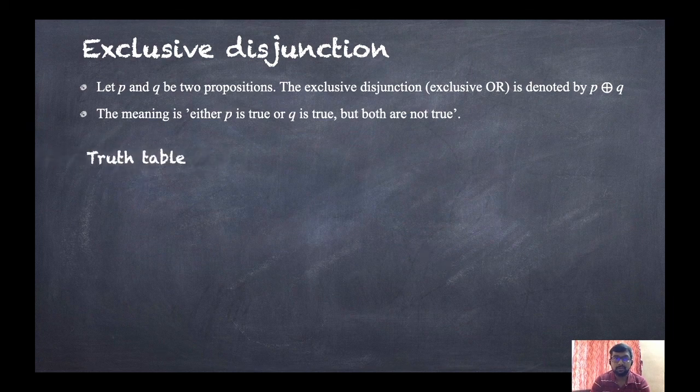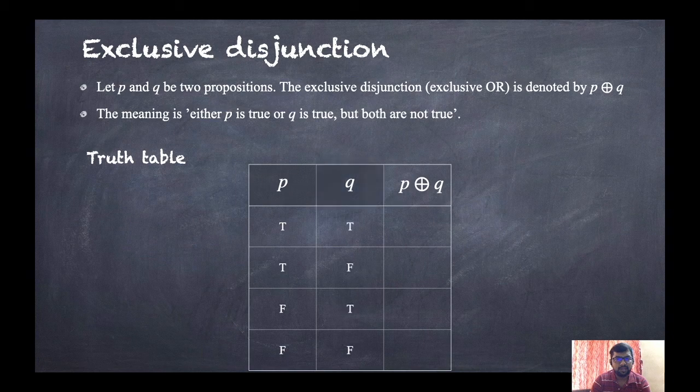So let us discuss what will be the truth table. This is not unary, so we will require two statements, P, Q and P ring sum Q. Again, there will be four possibilities. Both are true, both are false, first one is true and second one is false, and second one is true and first one is false. Now, what is P ring sum Q? That means exclusive or: either P is true or Q is true, but both are not true.